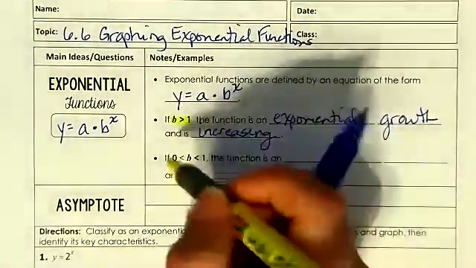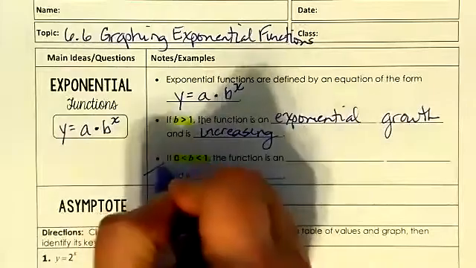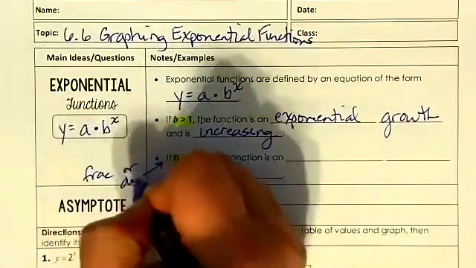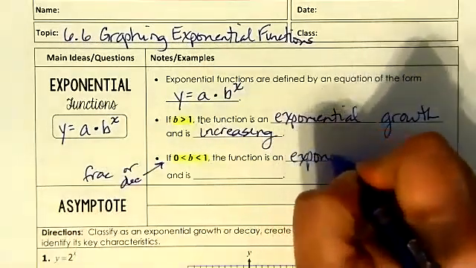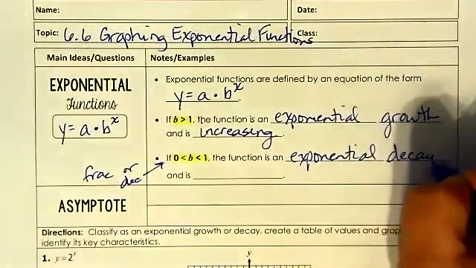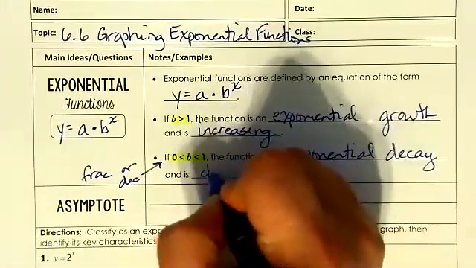Now, if the b is between 0 and 1, which means it's a fraction or decimal, then it's going to be an exponential decay. They're called growth or decay, and it is going to be decreasing.